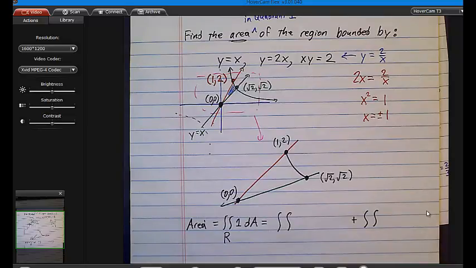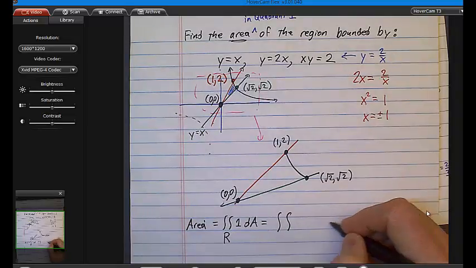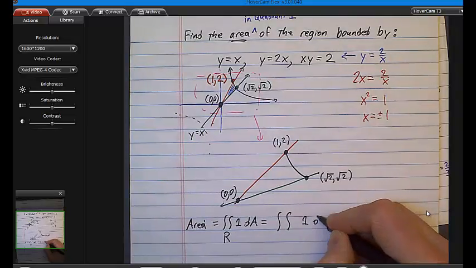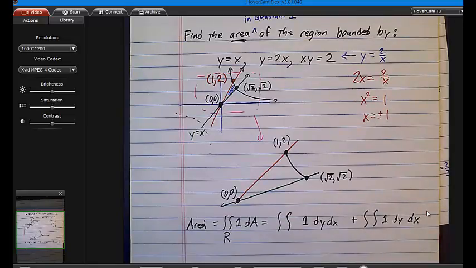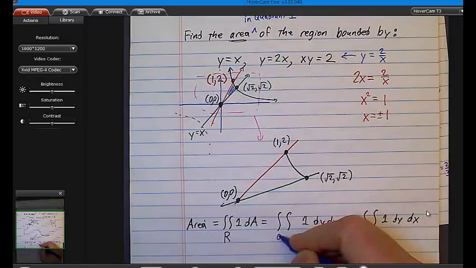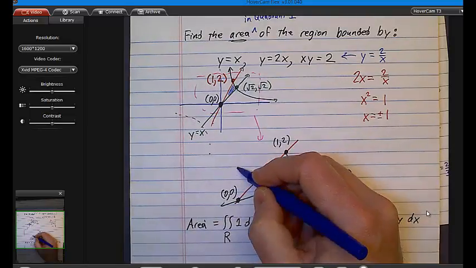Where do I need to switch? Let's say I'm going to do dy dx. So we're going to integrate 1 dy dx, okay? You're going to want to make a switch, because we're going to go x equals 0 to 1.